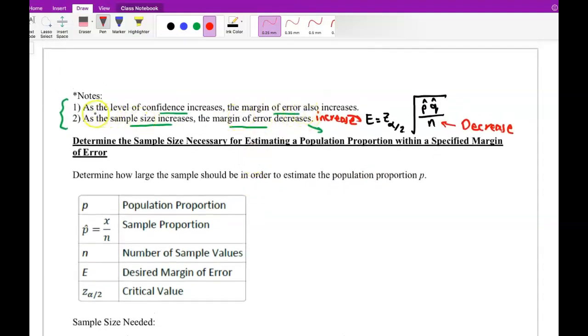And same thing for this one. If the level of confidence increases, then the margin of error, so this is again error, increases. If this one increases, we have the confidence interval.